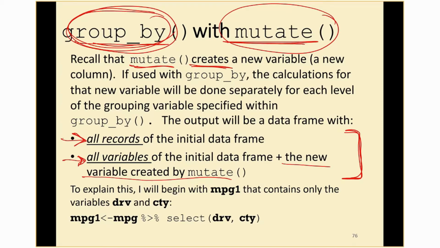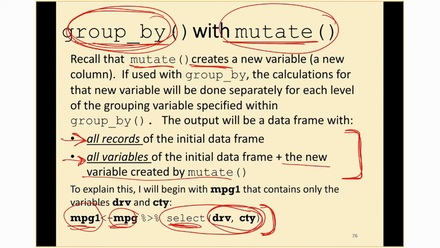To show this, I'm going to begin by making a new data frame called MPG1 that's like MPG, except it's only going to have these 2 variables. So whereas MPG has 234 records and 11 variables, MPG1 is going to have all 234 records, but only these 2 variables that are retained as a consequence of using the select function.